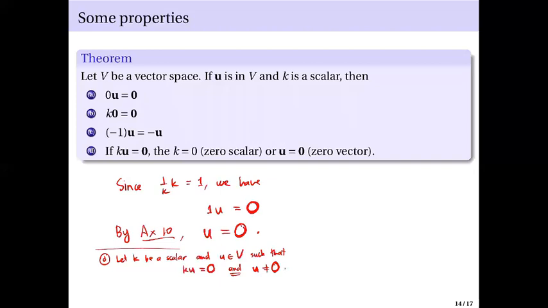So we are assuming first that the vector U now is not the 0 vector. We show that K must be equal to the 0 scalar.